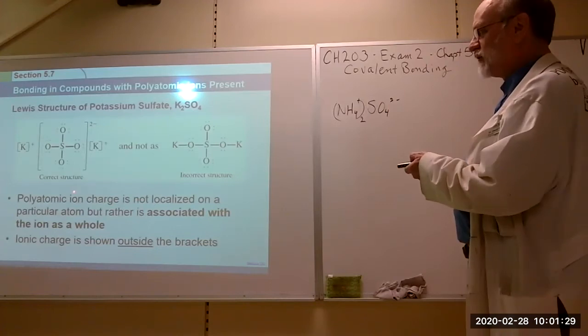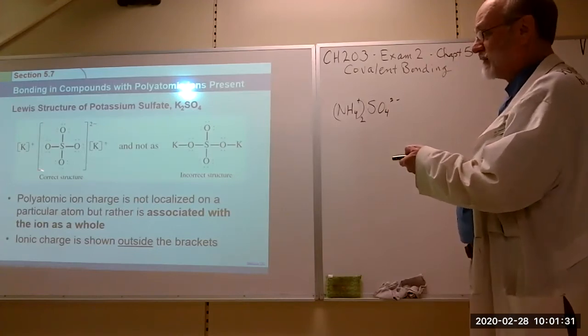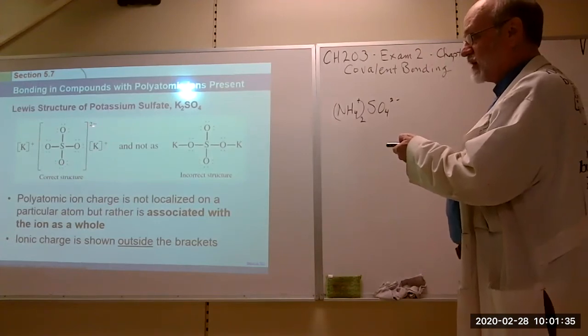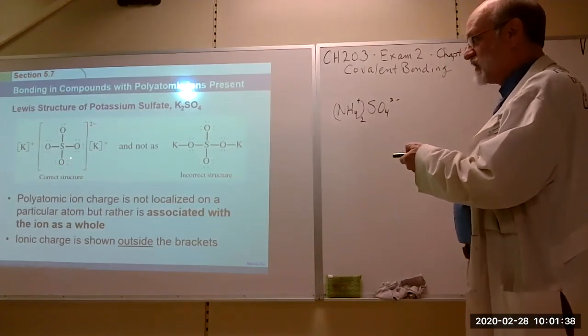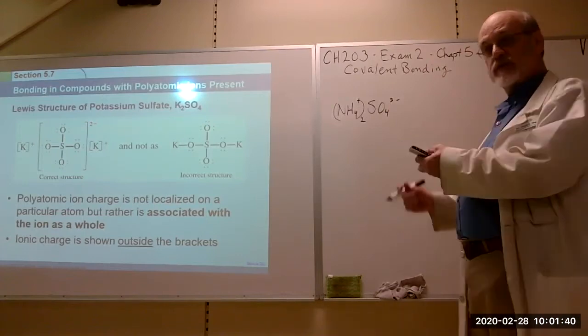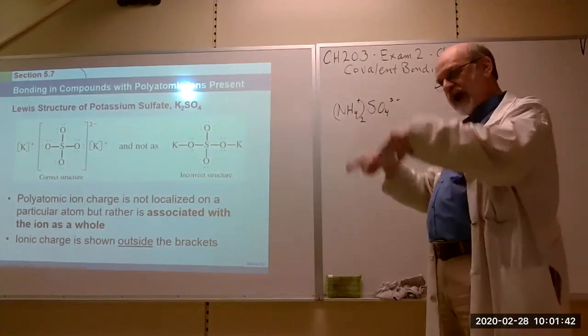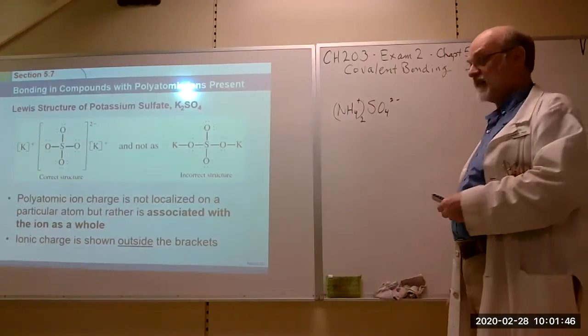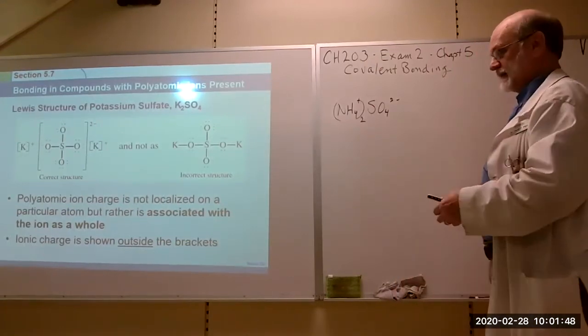So here's what a sulfate looks like, and here's how you draw it. We can't say that the charge here is localized on any one of these atoms. It's characteristic of the whole. So you put brackets around it and put the charge outside. You're not saying that the charge is anywhere in particular.